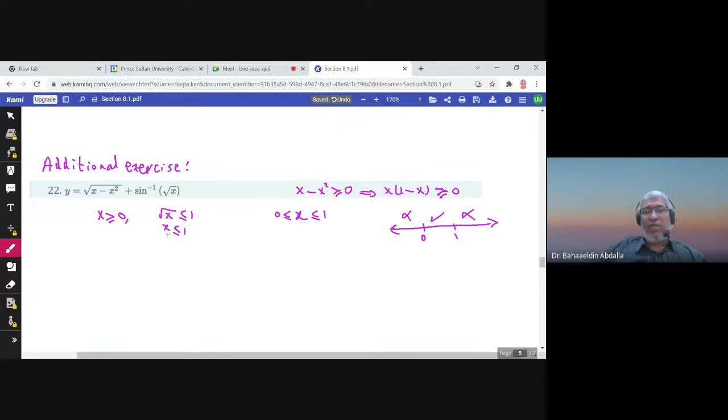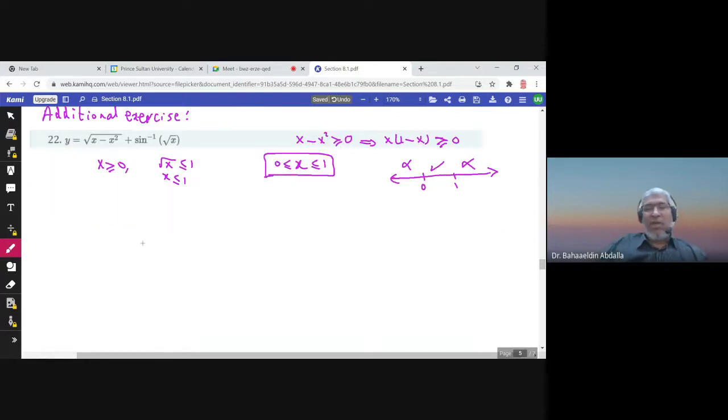Greater than 0, less than 1. So x has to be between 0 and 1. He did not mention in the question that x is between 0 and 1 because you can find it using this technique, using this information. You can find that x must be between 0 and 1.